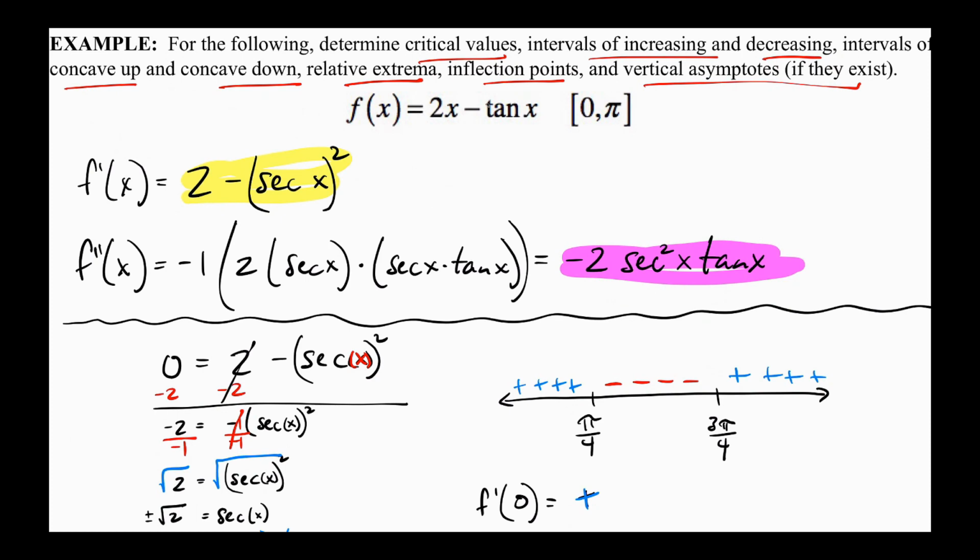Where is it going to be undefined from 0 to pi? Pi over 2. So there's going to be a vertical asymptote at pi over 2. If I plug in pi over 2 to tangent, I'm not going to get an answer. I'm going to get undefined. So we have a vertical asymptote at pi over 2. Okay? And that'll be how you get the rest.